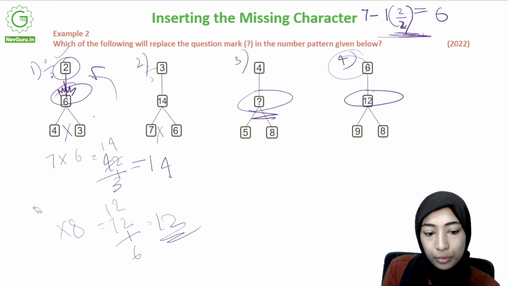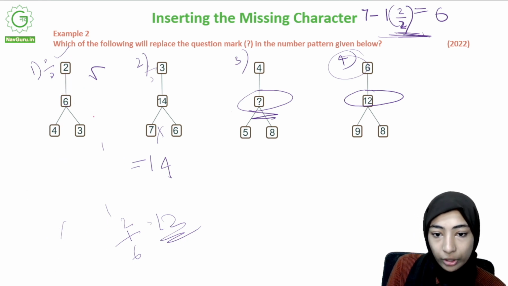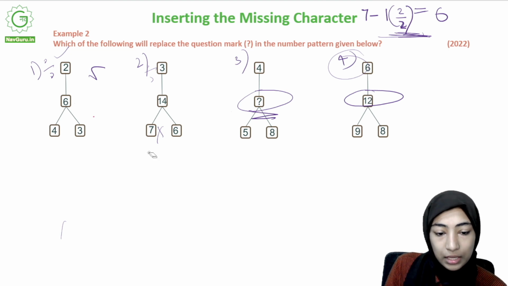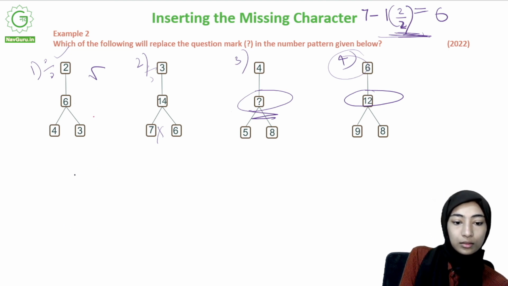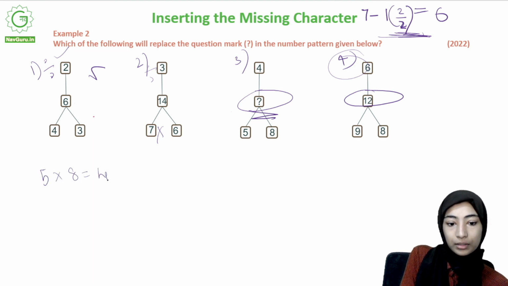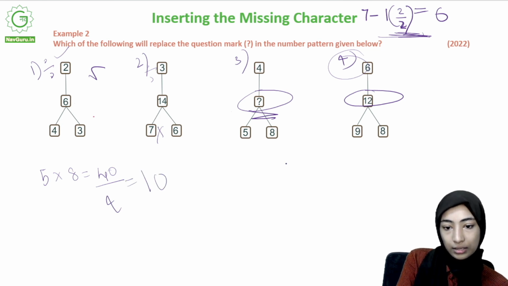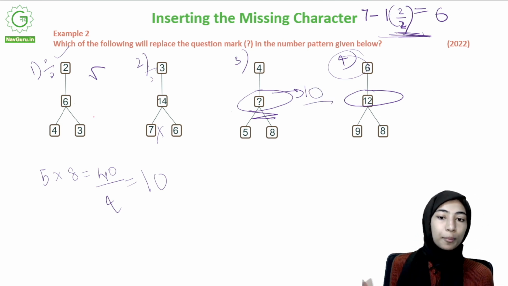Now we just employ this formula for the third question. Right, so we write it as 5 into 8. 5 8s are 40. 40 by 4 gives you a 10, and so here our answer is a 10. Okay, so like I said, the operations are not complex.